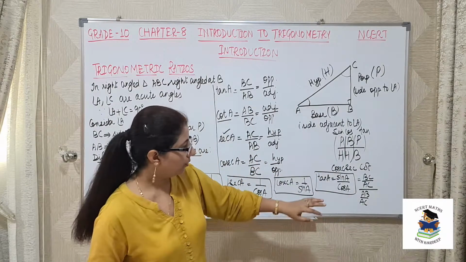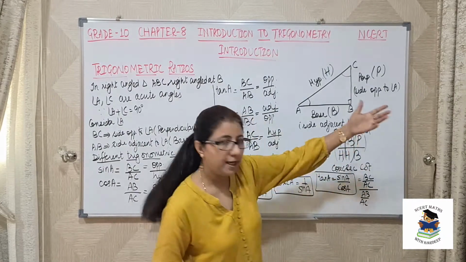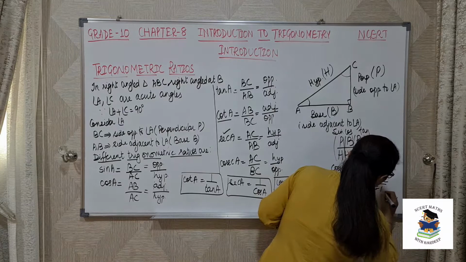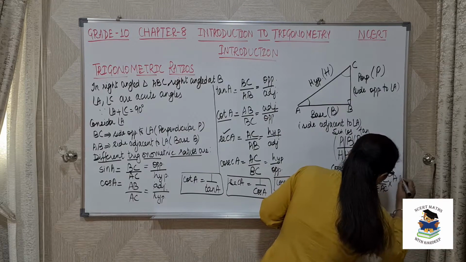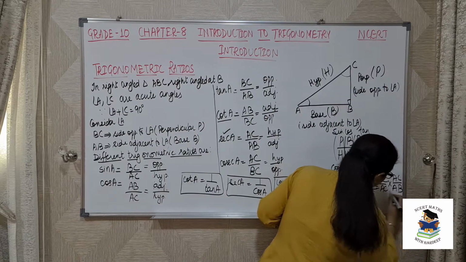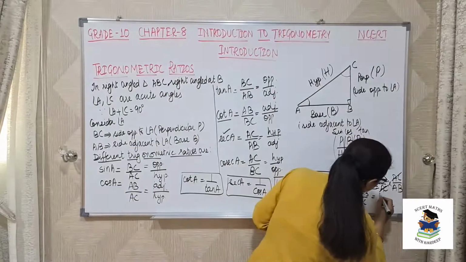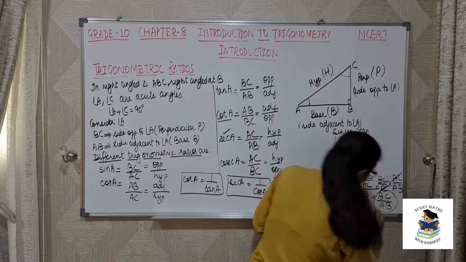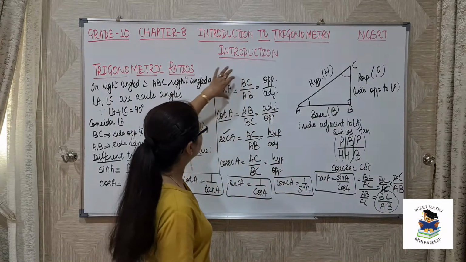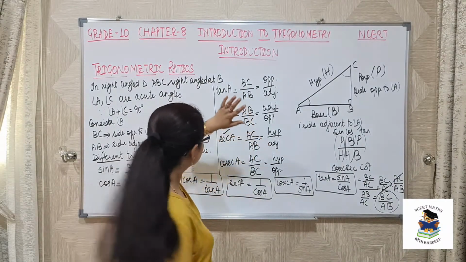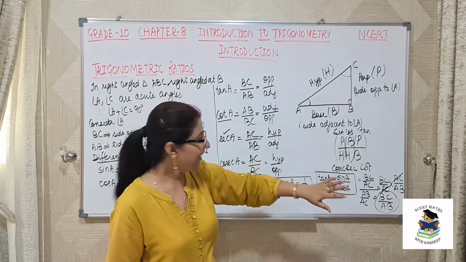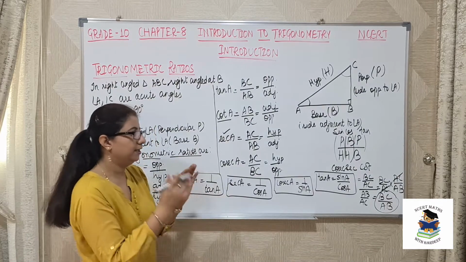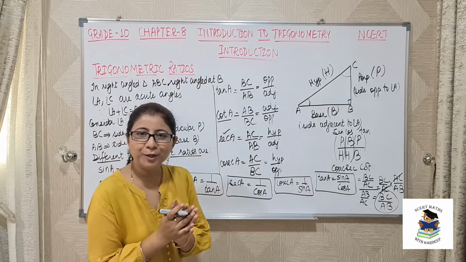So now if you solve this, this denominator will have reciprocal, that is BC over AC into AC over AB. This AC and AC will be cancelled. So BC over AB. So now let's check. BC over AB is our tangent A.